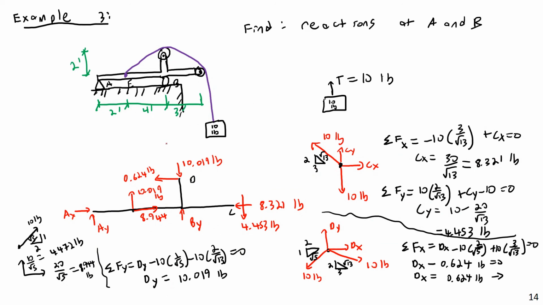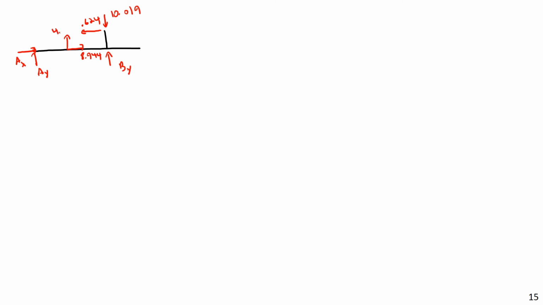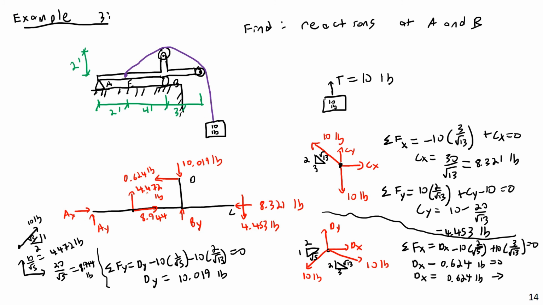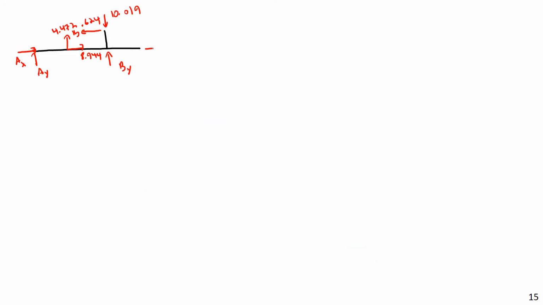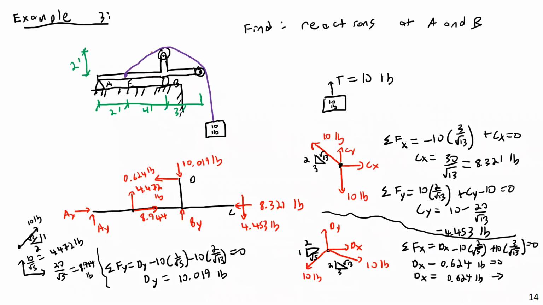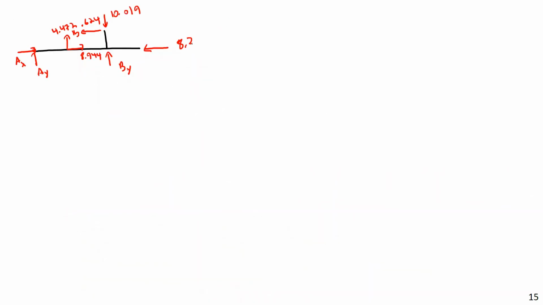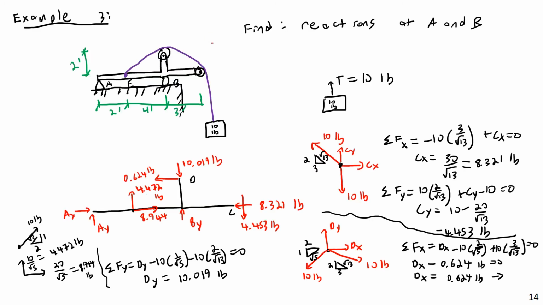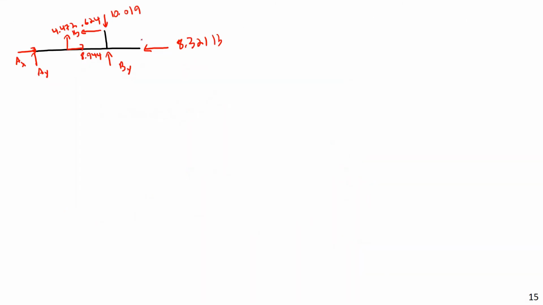That's not quite right. That was 4.472. That should say 4.472. Because I knew immediately that something was wrong there, because they can't be more than 10. They're components. So 4.472 pounds here. And then at the end, a force to the left of 8.321 pounds, and a downward force of 4.453 pounds.